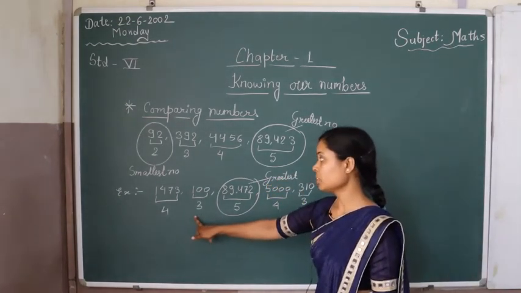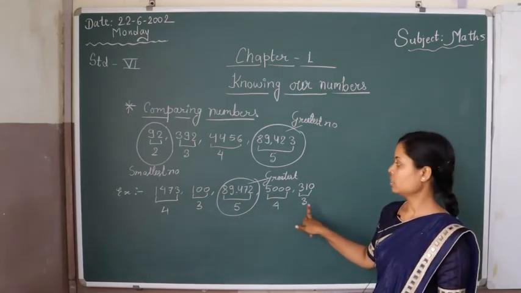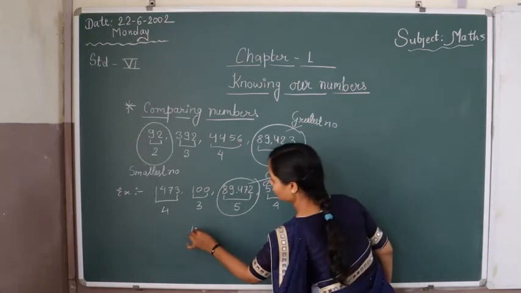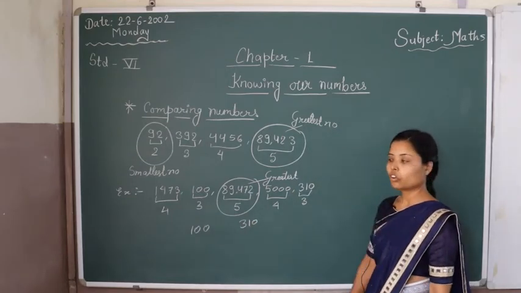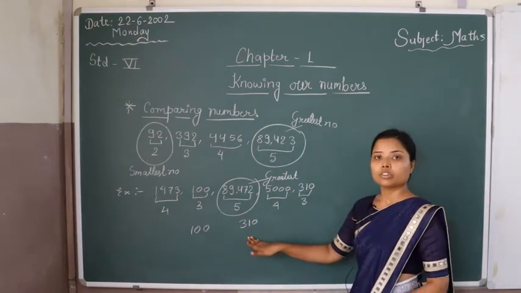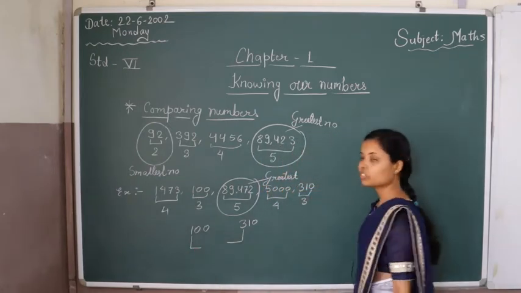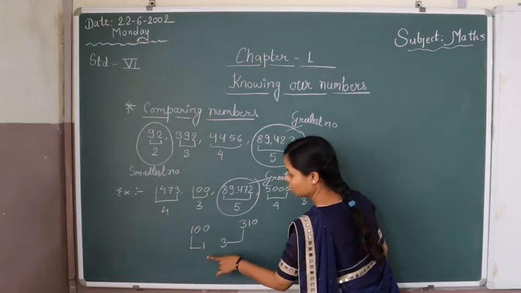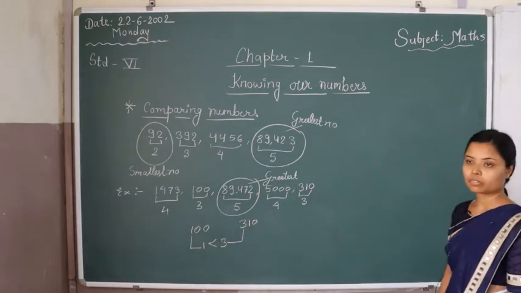And 100 and 310 have 3 digits, so we compare both numbers. For comparing these numbers, we will firstly look at their first digits. Here 1 is less than 3.